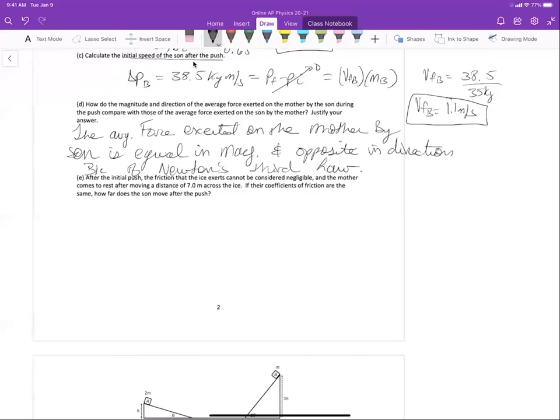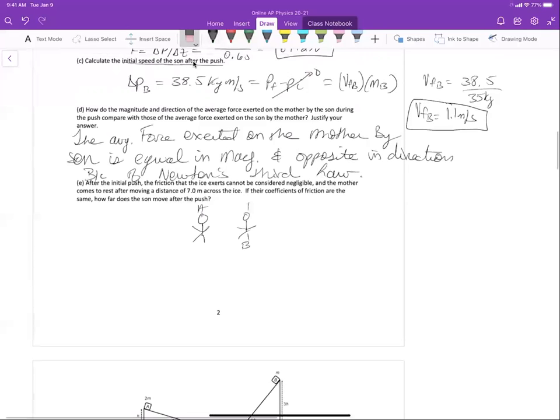Okay, so I just want to do a couple things real quick. So this is the mother. We called her A, and this was the son, and we have B. This is B. And this is the free body diagram during the push, right?